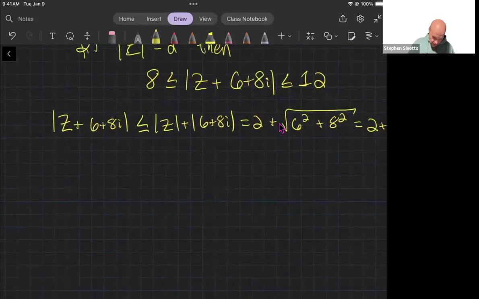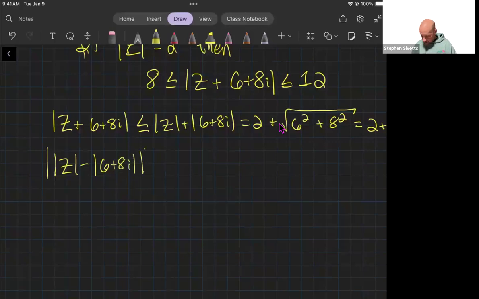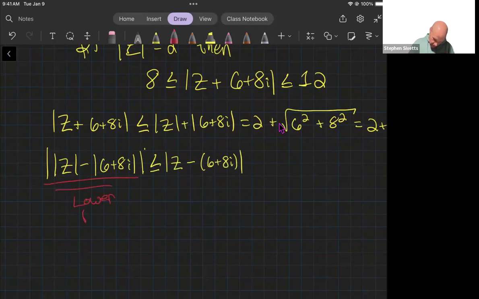For the lower bound, we want to use the second version of this triangle inequality. The absolute value of the length of Z minus the length of 6 plus 8i is less than or equal to the length of Z minus 6 plus 8i. So this would be our lower bound. So let's solve for this piece here.